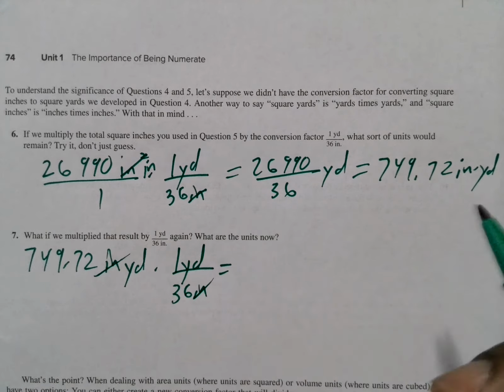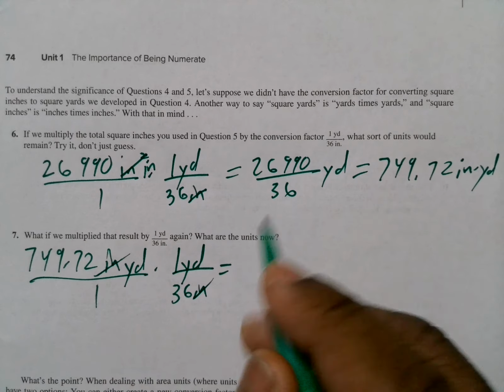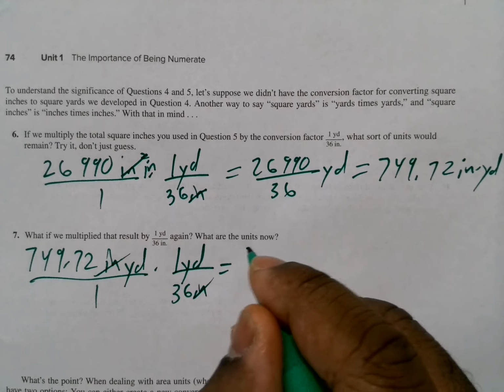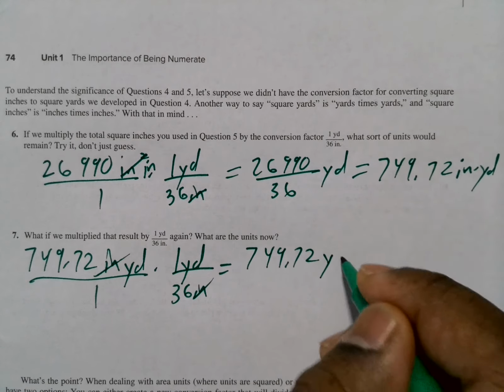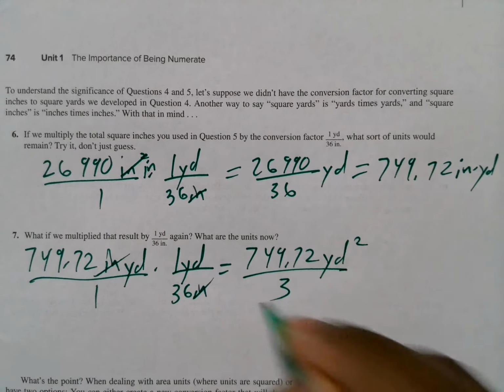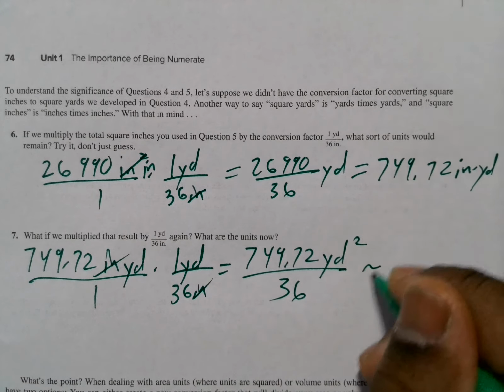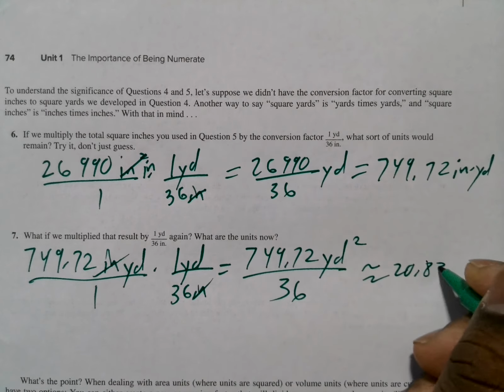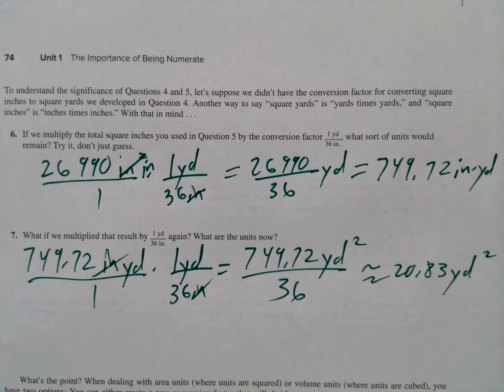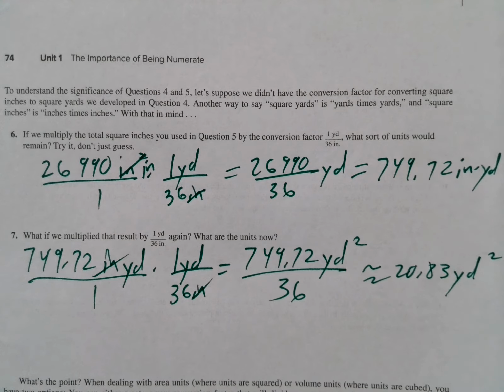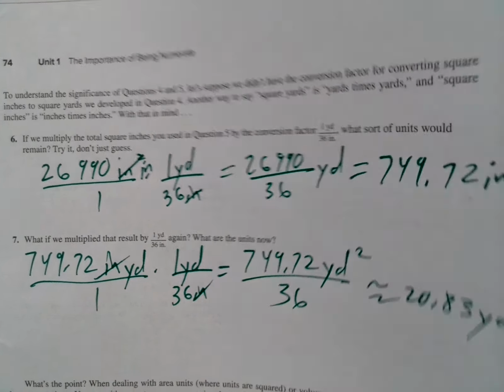The inches will simplify each other out, and we will multiply this. It'll give us 749.72 square yards over 36, and that'll give us approximately 20.83 square yards. And we ended up with the same answer that we had in problem number 5.